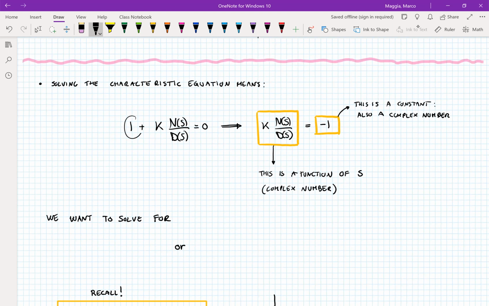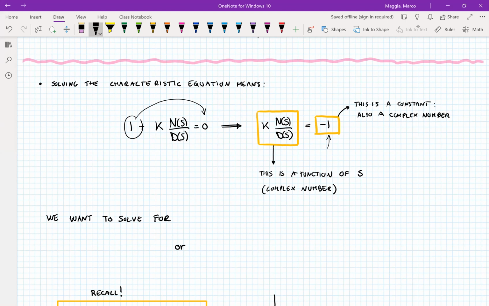I've just taken plus 1 and brought it to the right hand side of the equation. Now, k times n over d is a function of s. s is a complex number, so this whole number on the left-hand side is a complex number, generally speaking. But this has to be equal to whatever we have on the right-hand side, which is minus 1, which happens to be a real number. But a real number is just a particular case of a complex number.